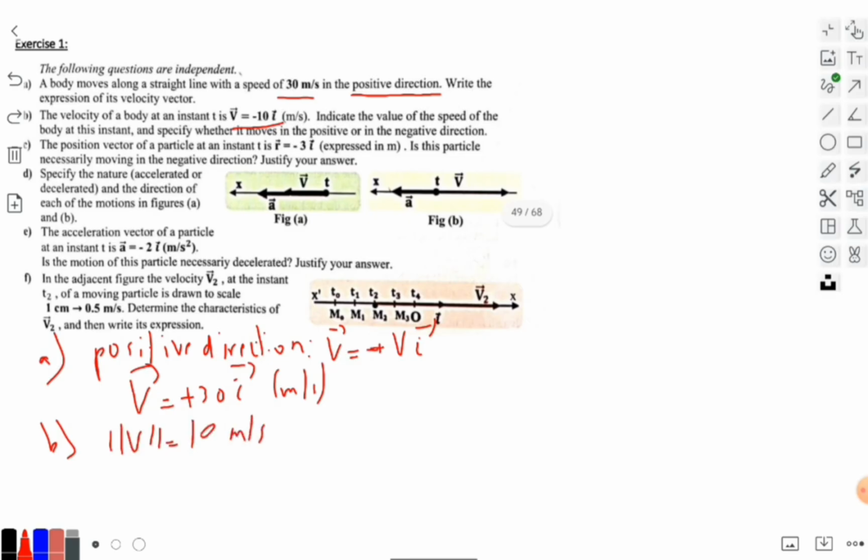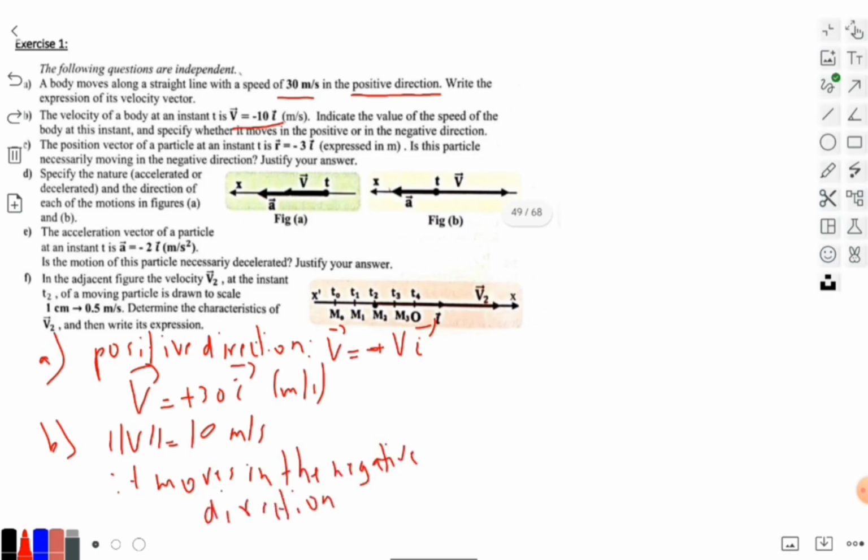And specify whether it moves in the positive or in the negative direction. When the v vector equals minus 10 i, then it moves in the negative direction.